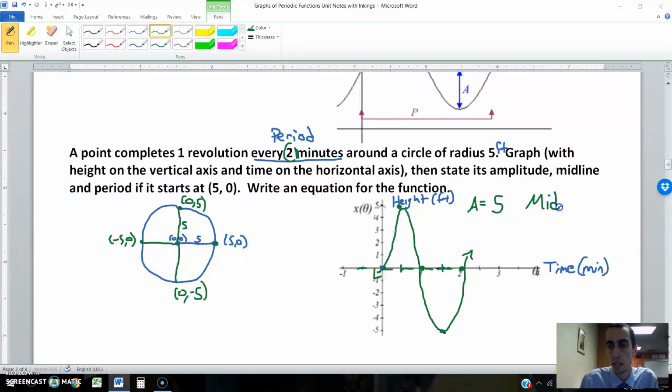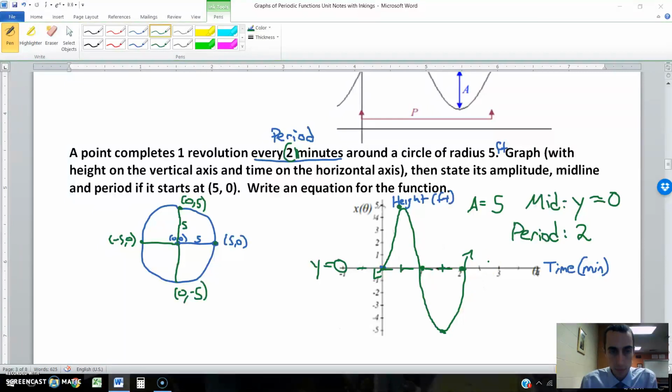Next, the midline. Midline is the line y equals 0. And last, the period. How long it takes the graph to repeat. So it's starting at a time of 0 minutes. It repeats once we're at 2 minutes. So it takes 2 minutes to repeat.